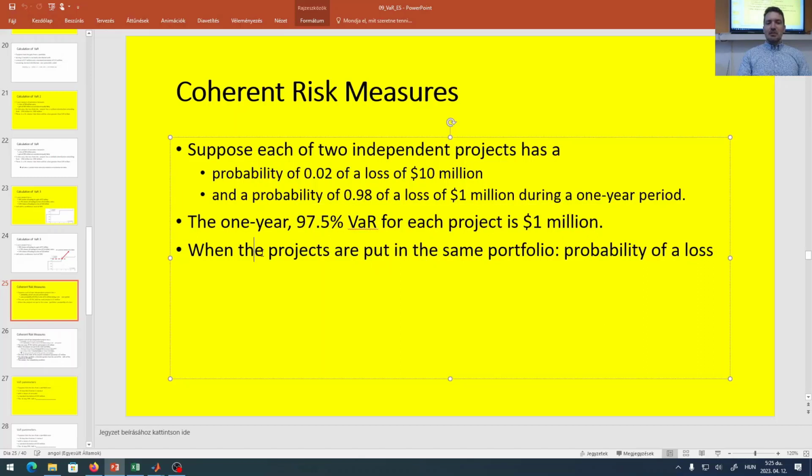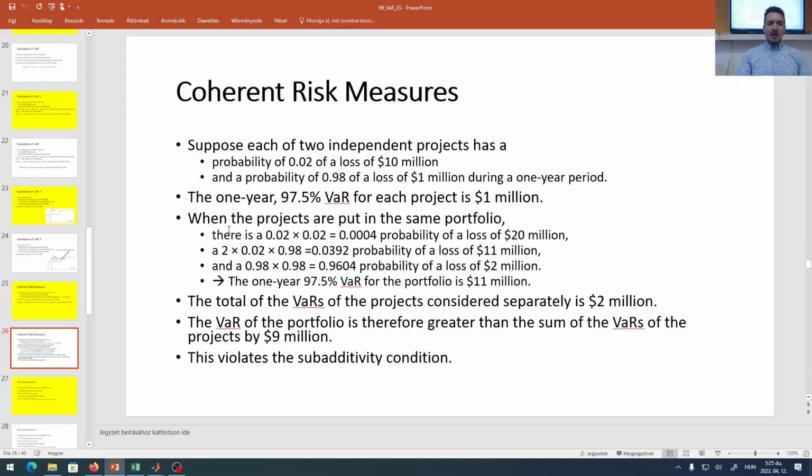When the projects are put in the same portfolio, the probability of the loss will be something. Obviously, they are not talking about anything, so hopefully half. And this is the funny part.